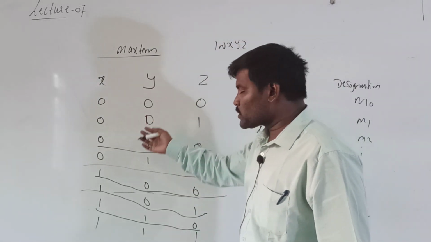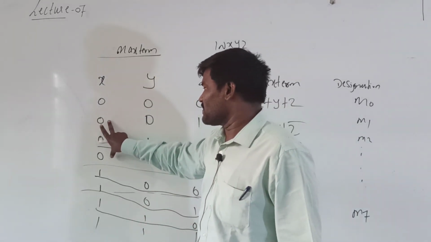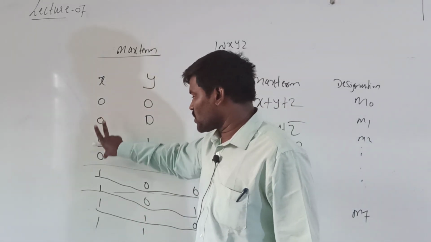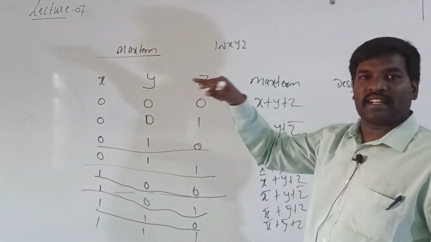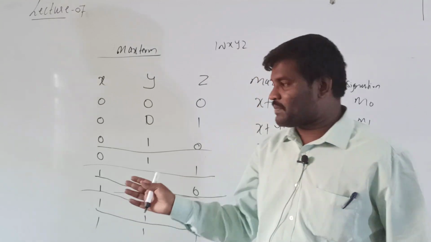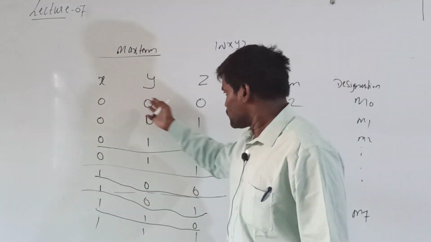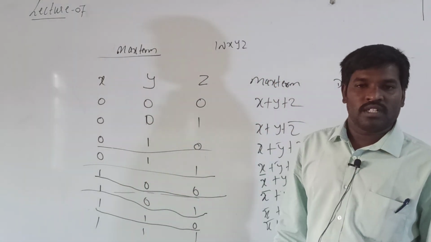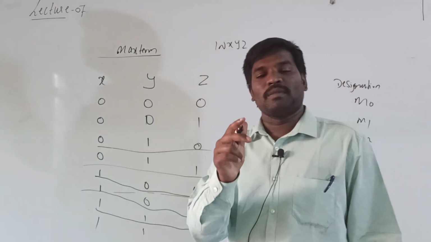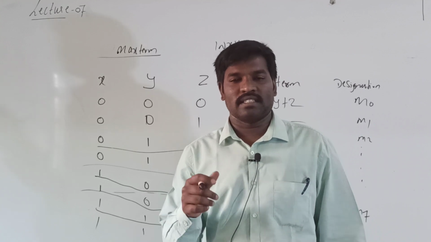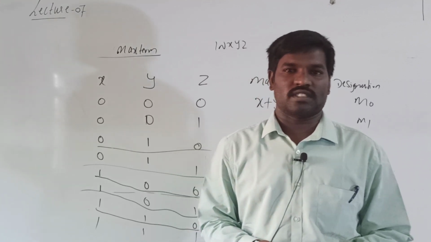In the 3 variables we took 4 zeros and 4 ones, but in the w column you take 8 zeros and 8 ones. After that, this is as it is. So with respect to 4 variables, you can write the min term and max term. Okay, in the next class we will discuss some more concepts. Thank you.